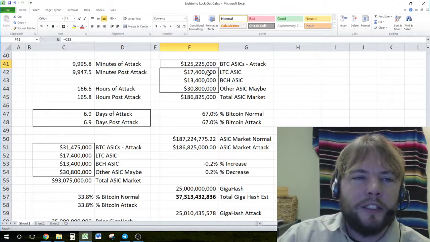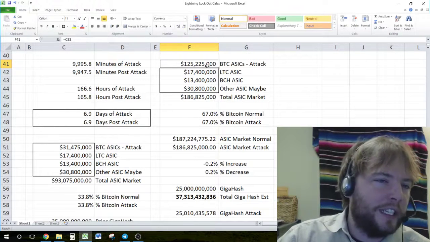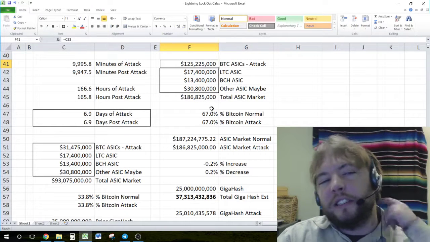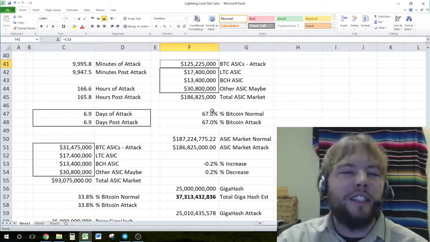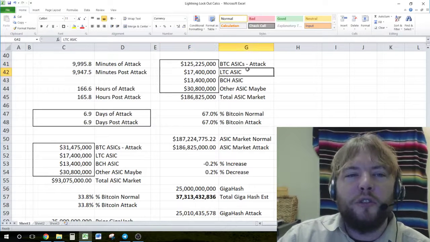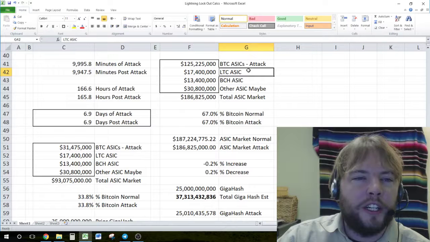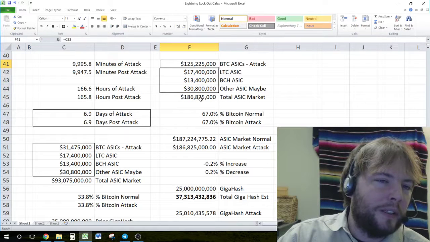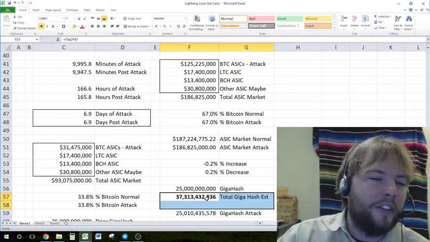Now this is a very relevant number, and I'll go into why. If Bitcoin ends up spending twice as much money on paying miners through transaction fees and bonuses or something of the nature, their gigahash actually doesn't increase, because it's assumed that all ASICs built for Bitcoin are actively in use. Instead, the gigahash of these guys decreases by some percentage, and Bitcoin increases by some percentage of the total gigahash available.